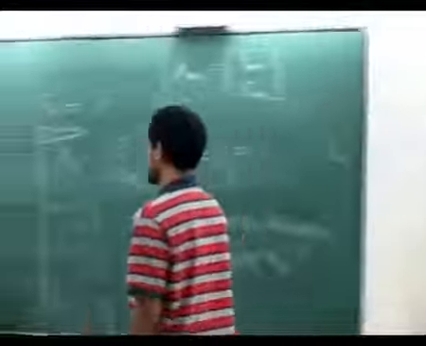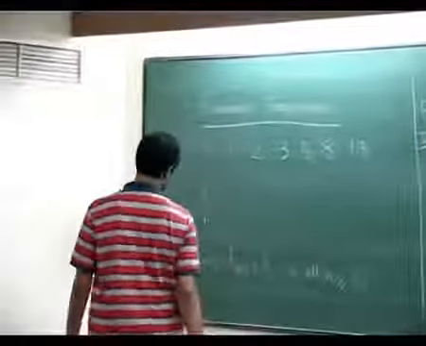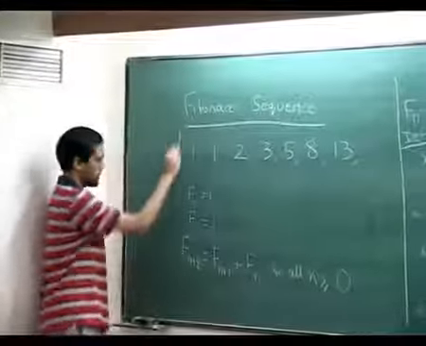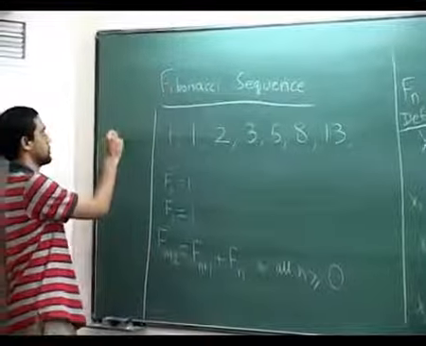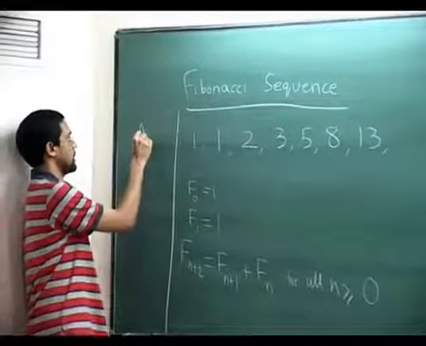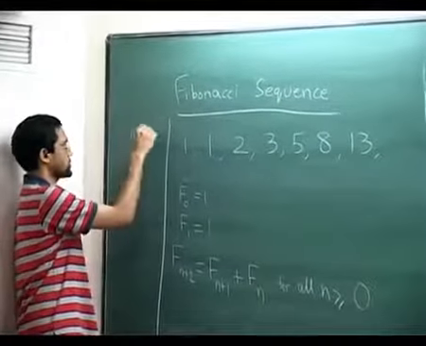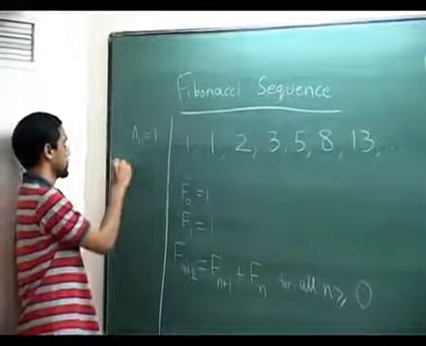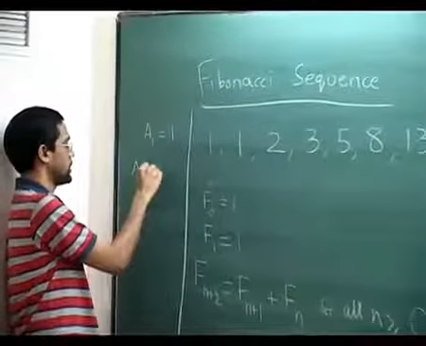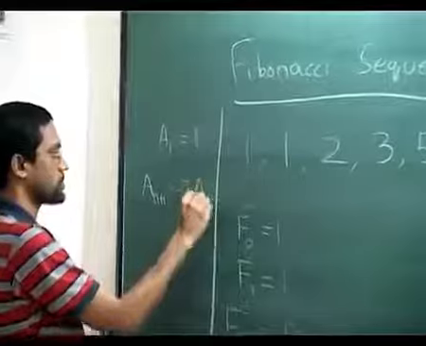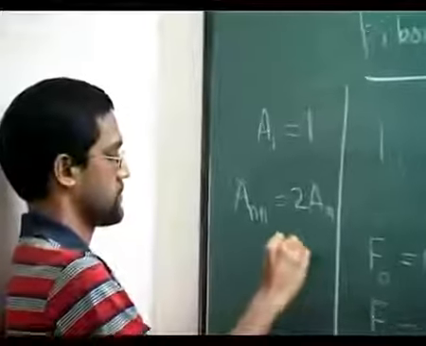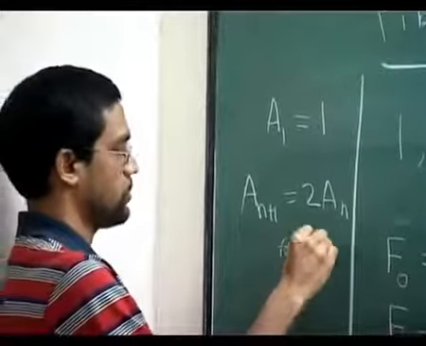Here, for example, instead of a Fibonacci recurrence like this, if I define another sequence, say a1 is 1, let's say the starting term, and suppose I tell you an plus 1 is 2 times an for n greater than or equal to 1.